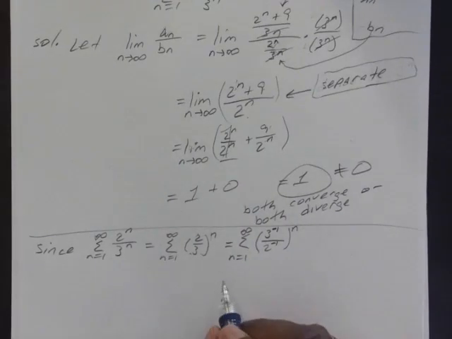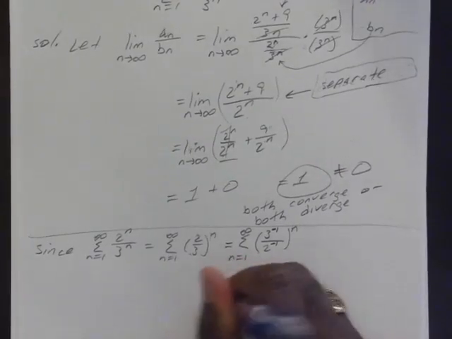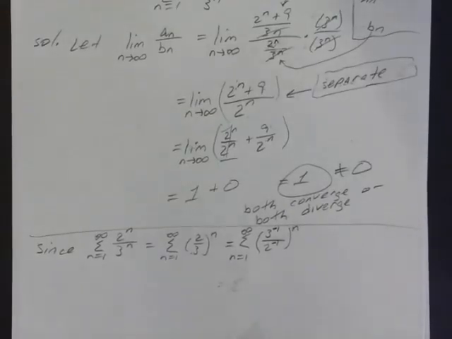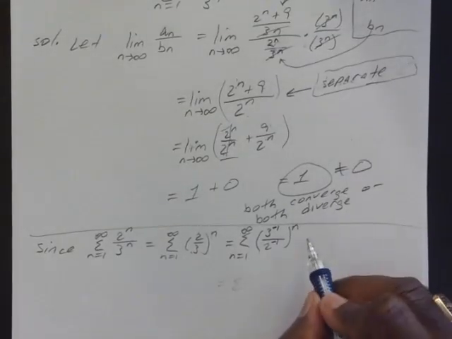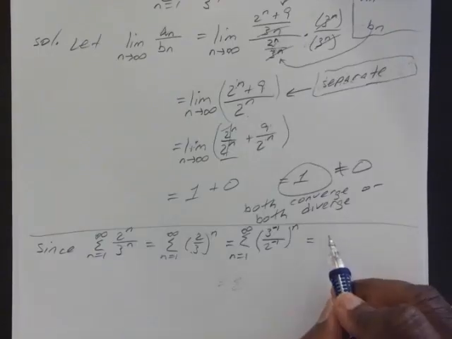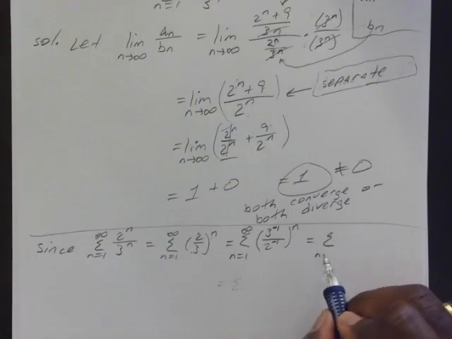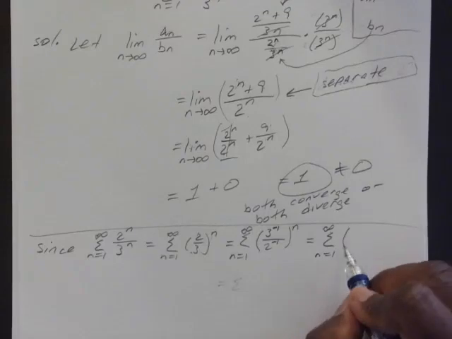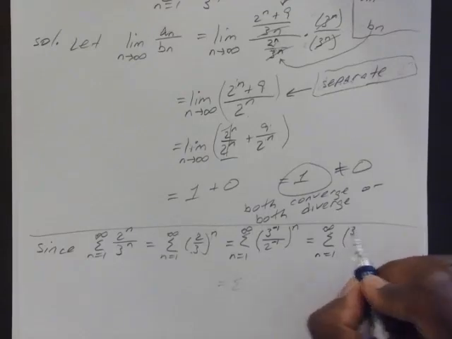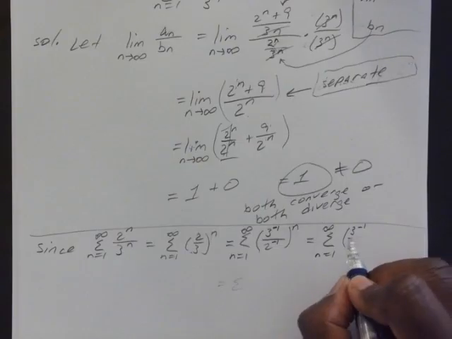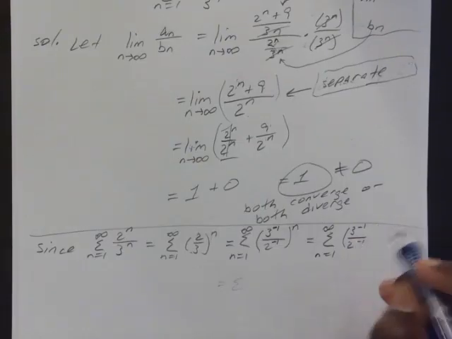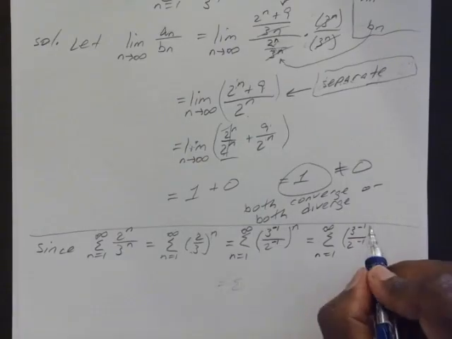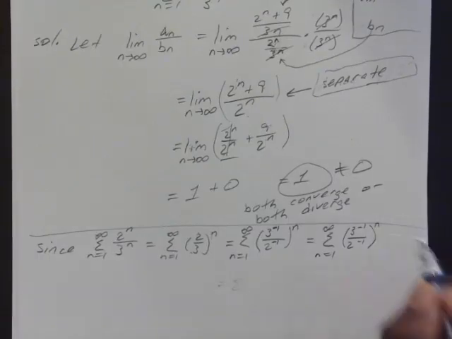Okay, so if we take those, we have the sum. I'll write it next to it, to try to use as much space as possible and not have to put this on a second page. So you have the sum from n equals 1 to infinity, 3 to the negative 1 power divided by 2 to the negative 1 power, to the power of n.